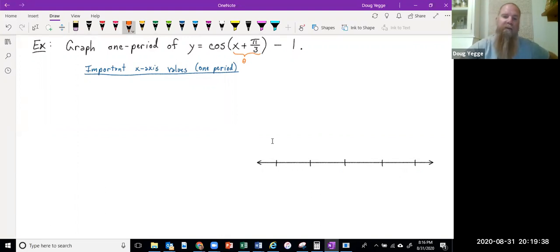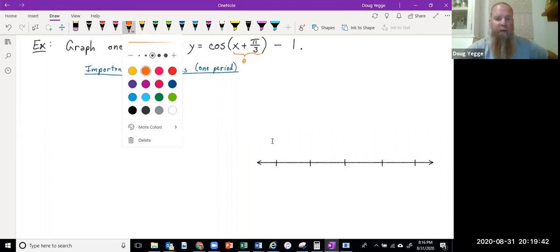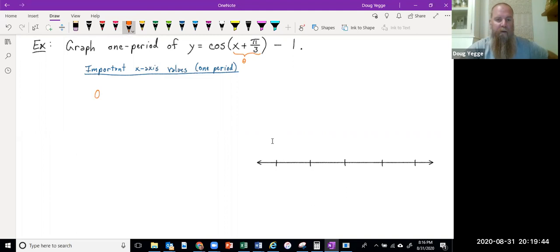What I like to do instead, the method I showed above as method 2, is to recognize that theta is typically somewhere between 0 and 2π for sine x or cosine x. Now notice that the theta is x + π/3.